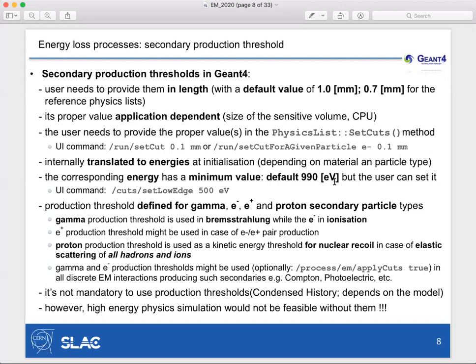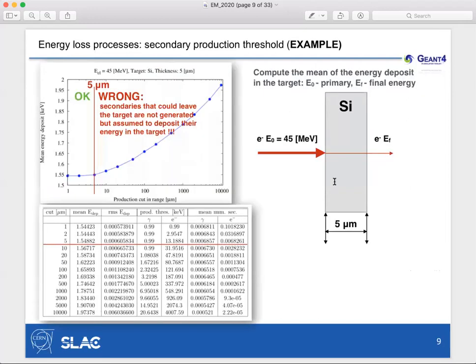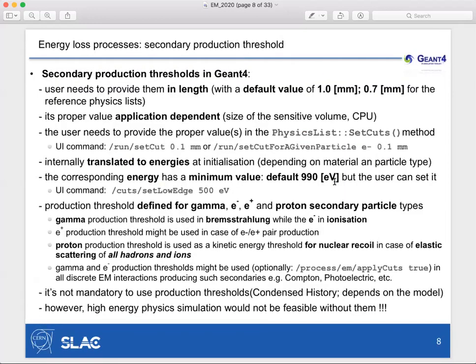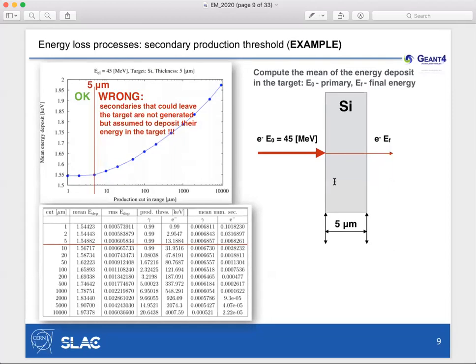It requires lots of resources during the simulation and lots of time. So I would like to show an example of how to set a production threshold and what the effect of the secondary particle production threshold is, or in Geant4, as we call it, cut, secondary production cut.